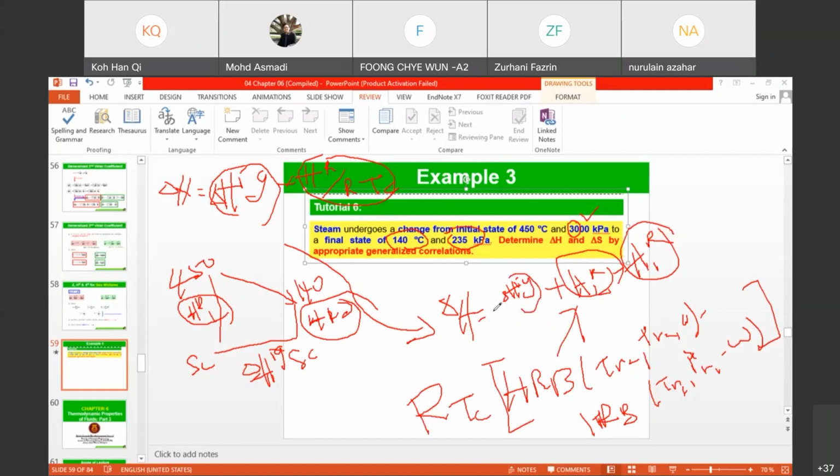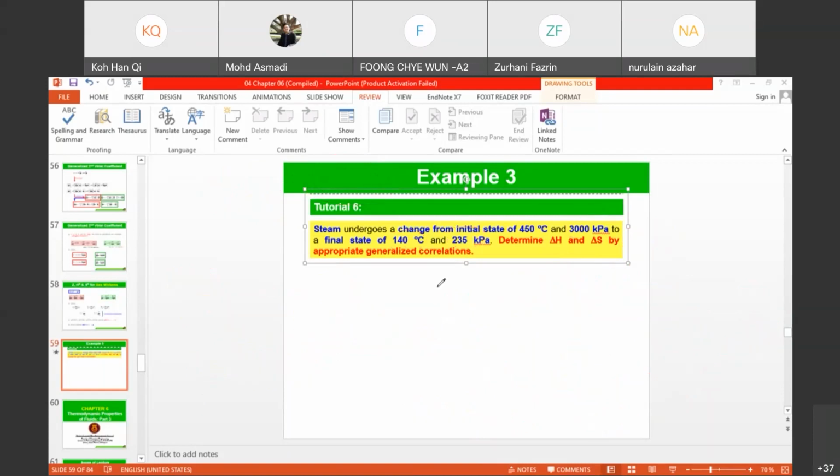How about H ig? The temperature is 450 and then this one is 140. What you have to do is refer to the steam table, table F2, to calculate delta H ig.